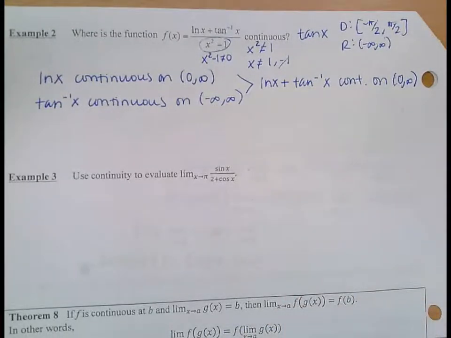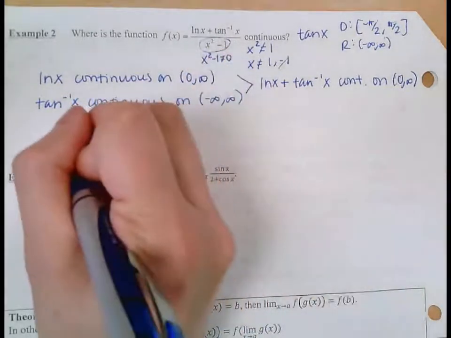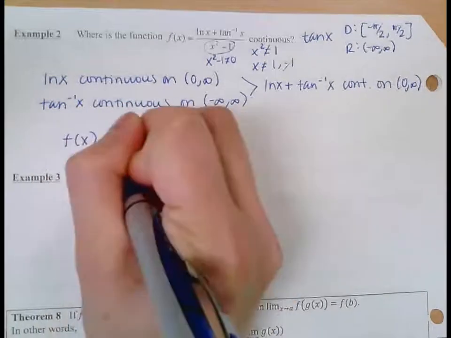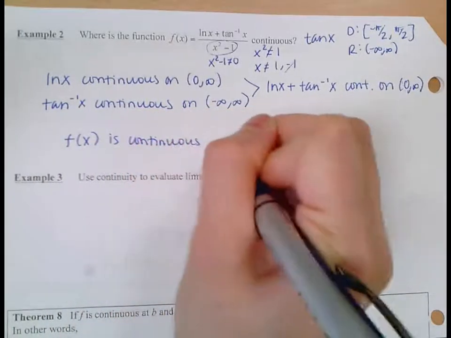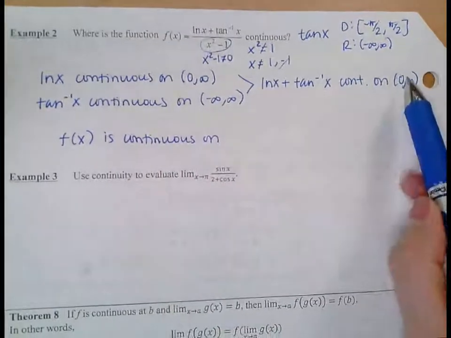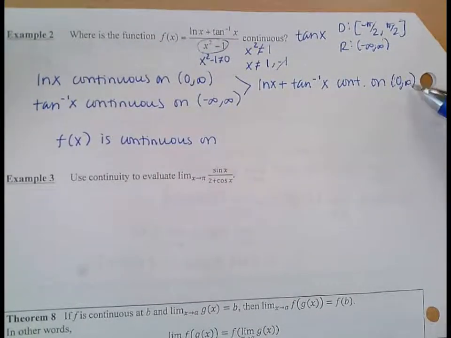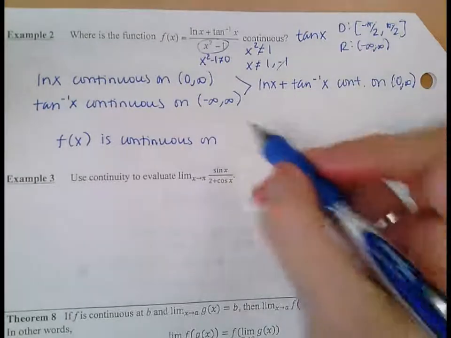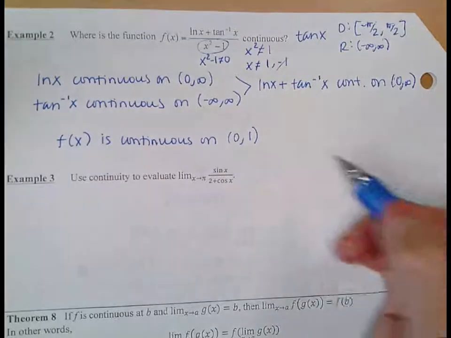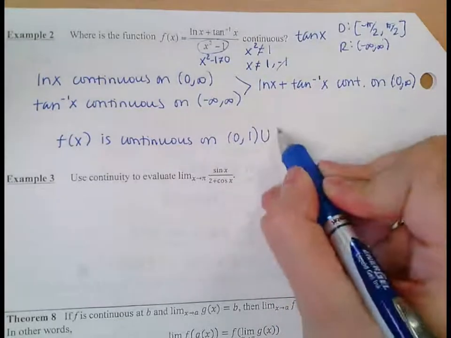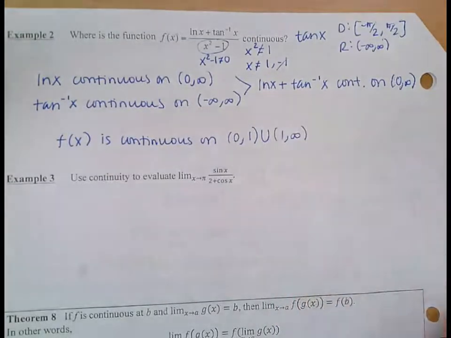So the entire function, f of x, is continuous on the interval from 0 to infinity, excluding 1. In interval notation, that's the interval from 0 to 1, 1 not included, union the interval from 1 to infinity.